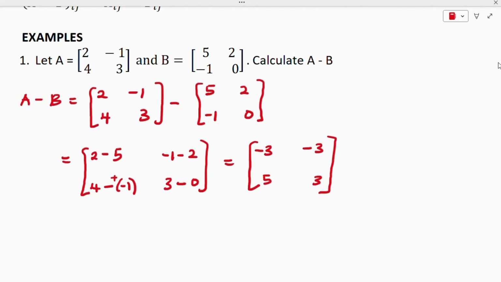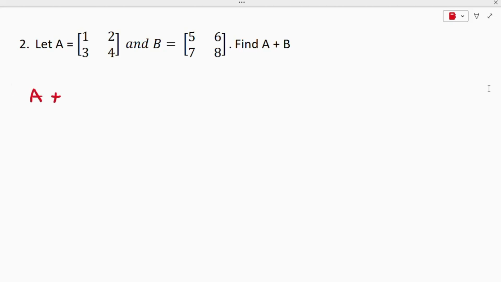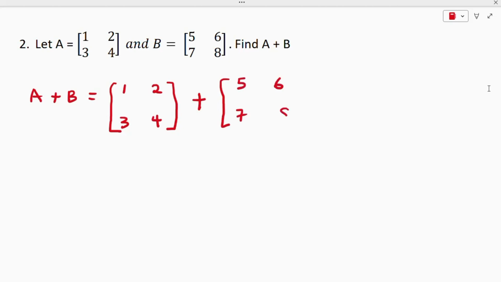So let's take a look at example 2. Example 2 says, let A be a matrix of 1, 2, 3, and 4, and B equal to 5, 6, 7, 8. We have to solve for A plus B. Super easy. So A plus B is equal to the matrix of A, which is 1, 2, 3, 4, plus the matrix of B, which is 5, 6, 7, 8.